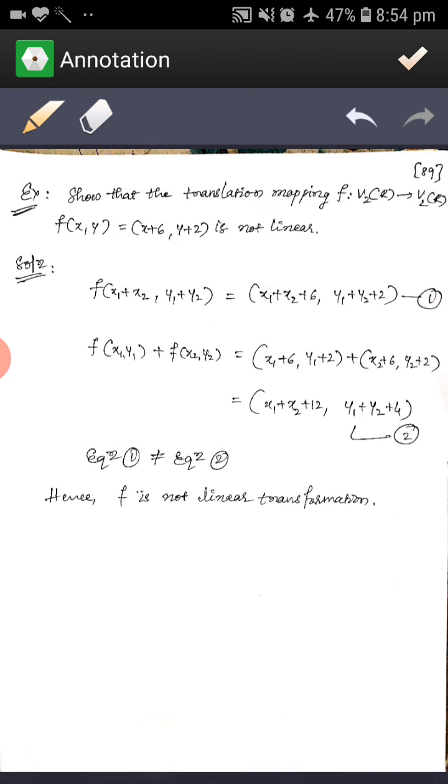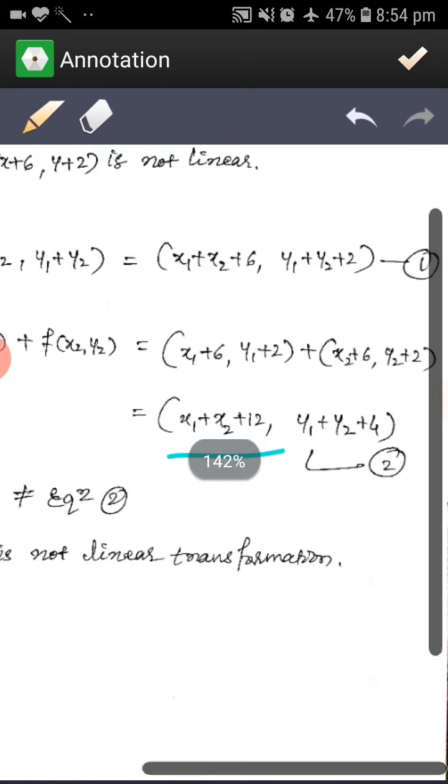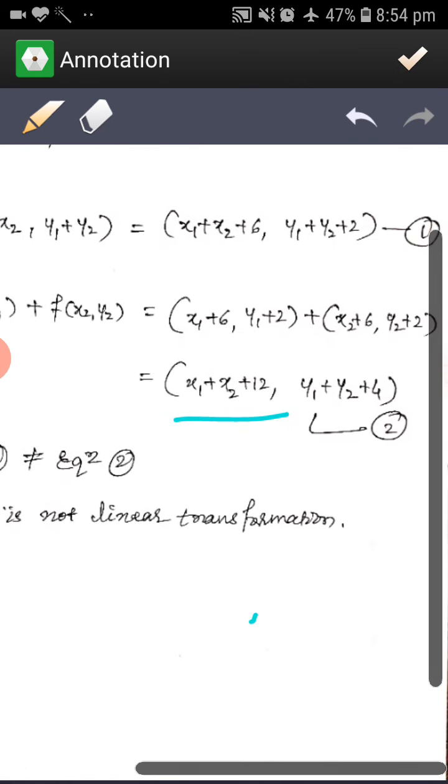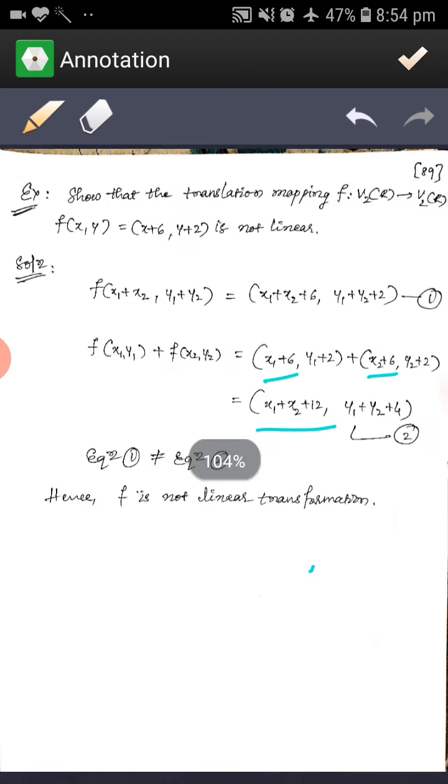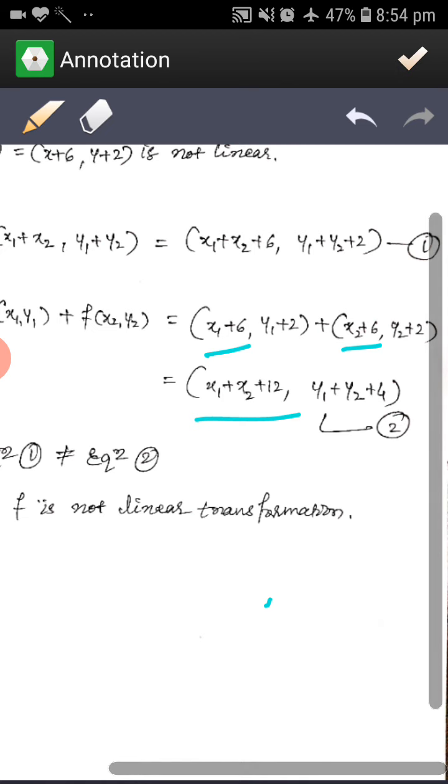Now if you combine the first terms, x1 plus x2 plus 12 comma, and the second one, y1 plus y2 plus 4.